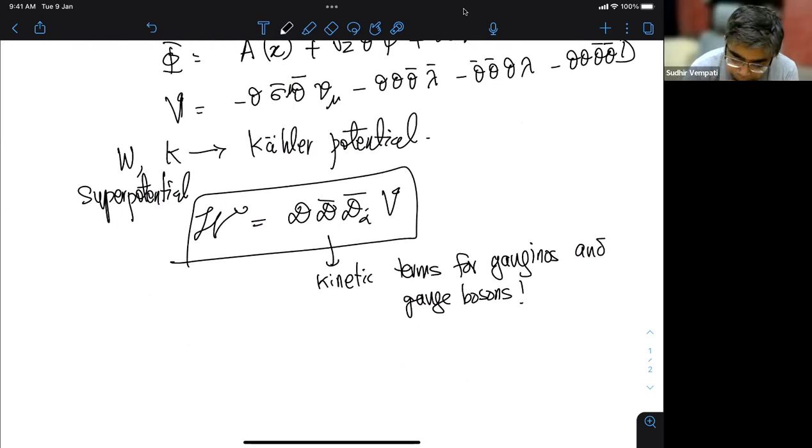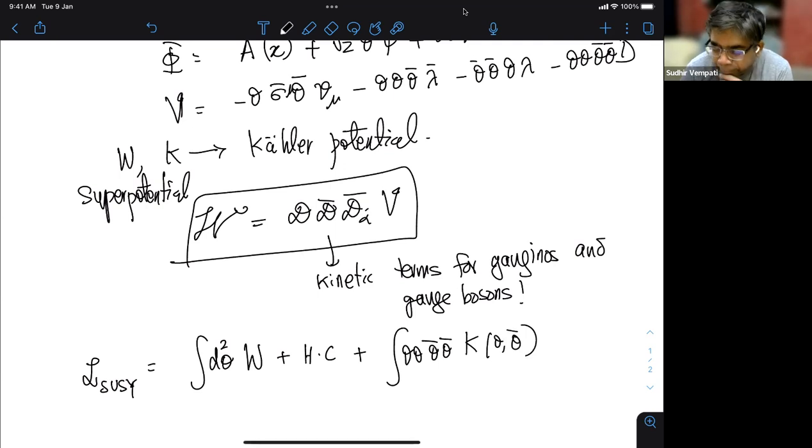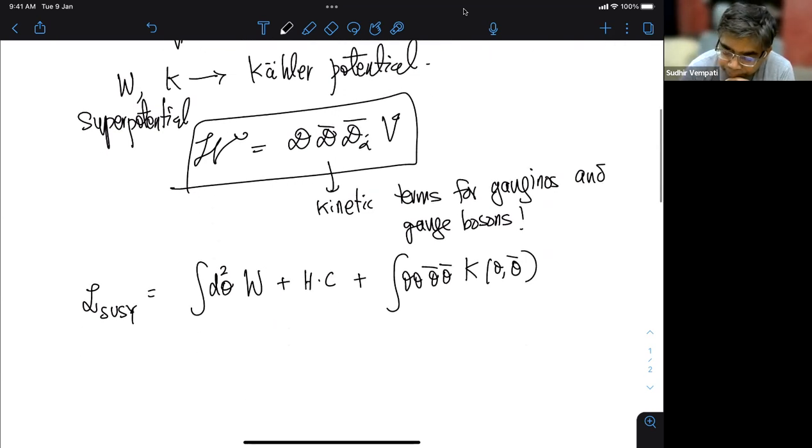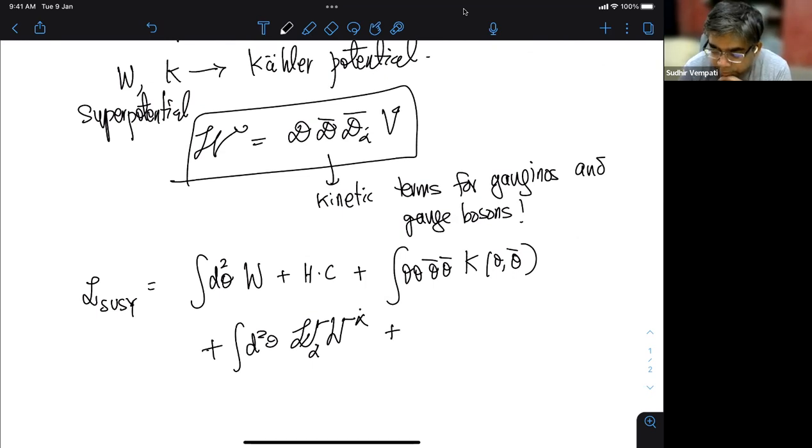So in the limit where supersymmetry is exact, what we have is a Lagrangian given by the W term plus HC, plus theta theta theta bar theta bar K, plus the D2 theta curly W alpha squared term, and so that's it.